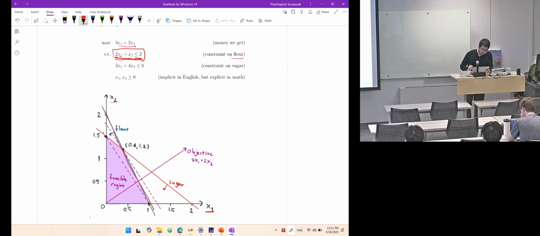This inequality basically gives you this constraint, saying that you need to be on the left of this line, because beyond this are the points x1 and x2 where you don't have enough flour. Another constraint, for sugar, is here. Everything needs to be below this. Only points below this respect the limit of your sugar.